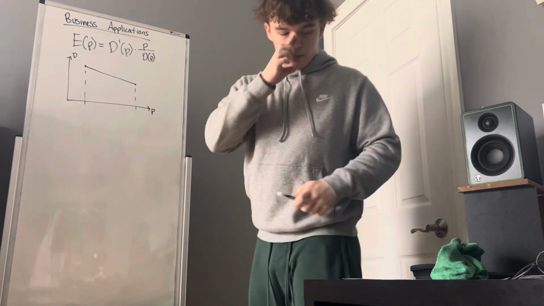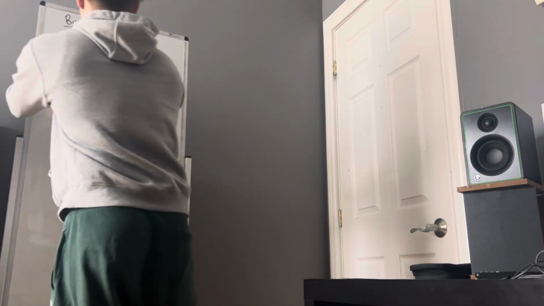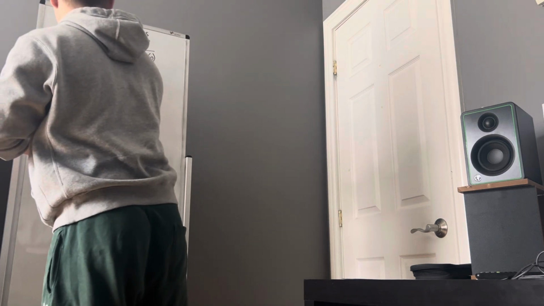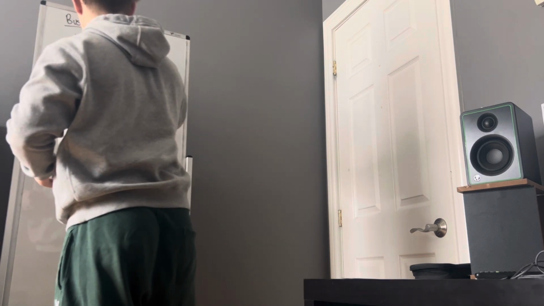So, let's do a calculation. Let's say we have a demand function, D of p equals 4,000 minus 600p.